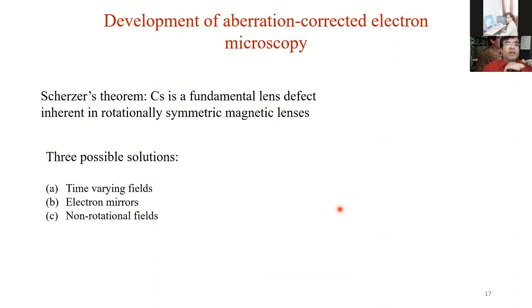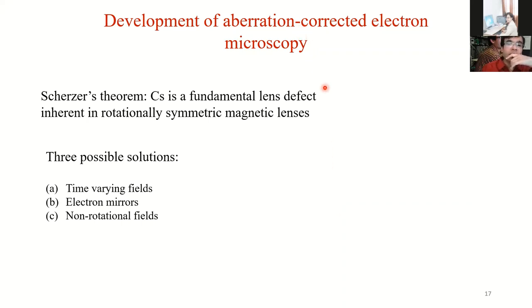So then, why do we need aberration correction? Because we are using high voltage electron microscopes, but there are a lot of problems with them. The main problem is radiation damage. You're using an extremely energetic beam, and that energetic beam can significantly damage your sample.